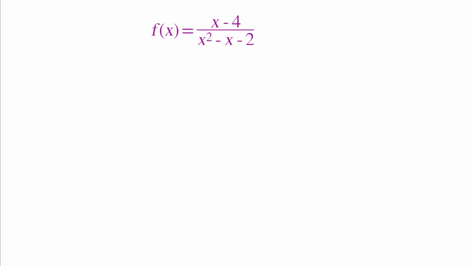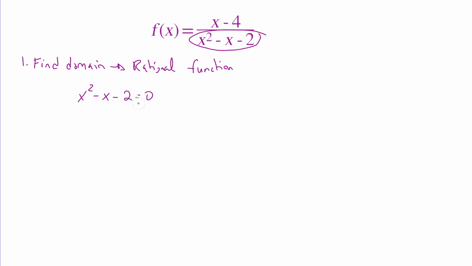So here's our example. The first thing that we want to do is determine the domain of our function. We notice that this is a rational function, therefore there will be restrictions. To find these restrictions, we take the bottom and say that it's equal to 0. So we have x squared minus x minus 2 is equal to 0.